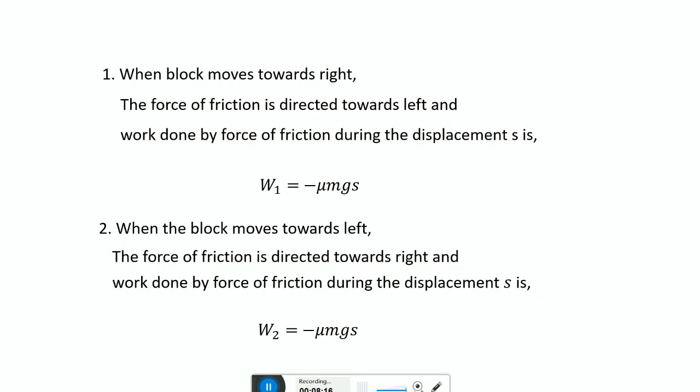So we have to find out the total work done. So add these two equations. W1 is equal to minus mu mgS and W2 is equal to minus mu mgS. Hence, the total work done by the force of friction in the round trip journey is W, which is equal to W1 plus W2.